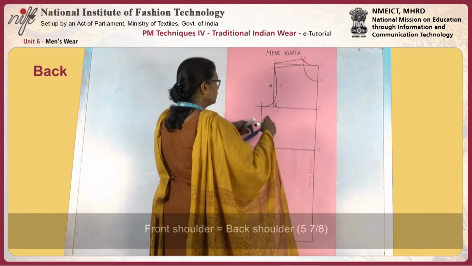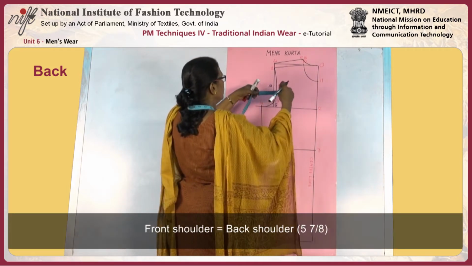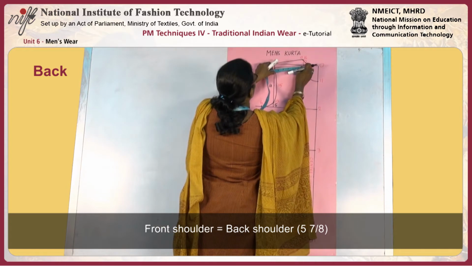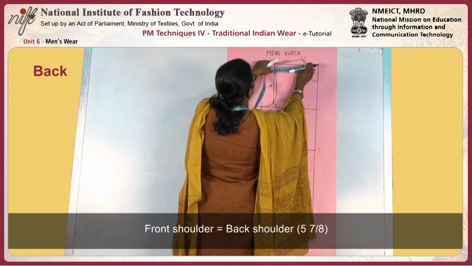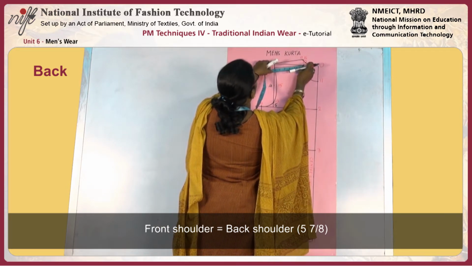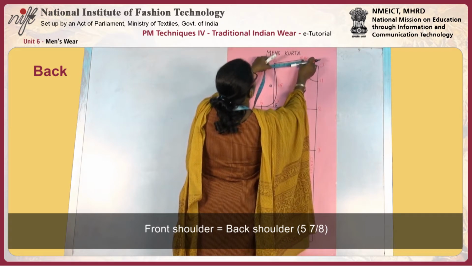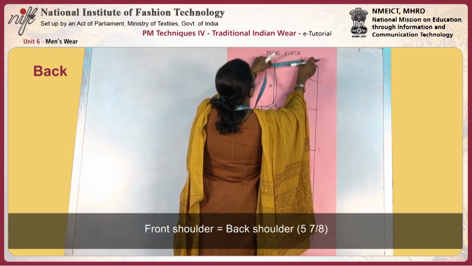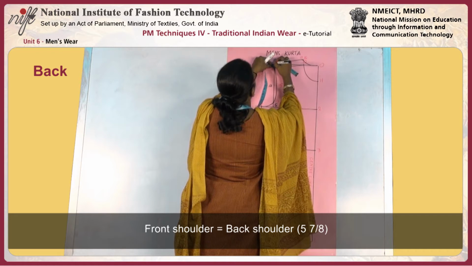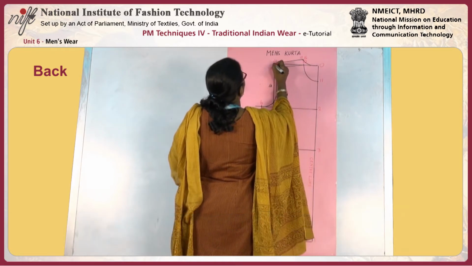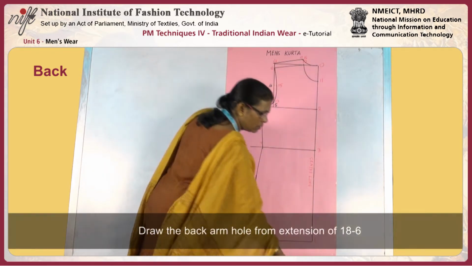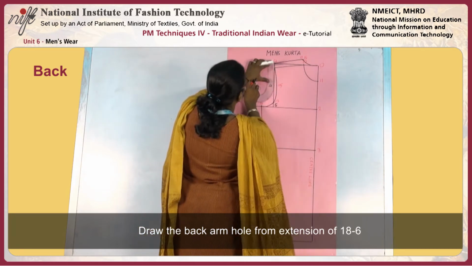We should check that the measurement of the front shoulder is equal to the back shoulder. The front shoulder is 5 7/8, mark 5 7/8 here. Then draw the armhole.